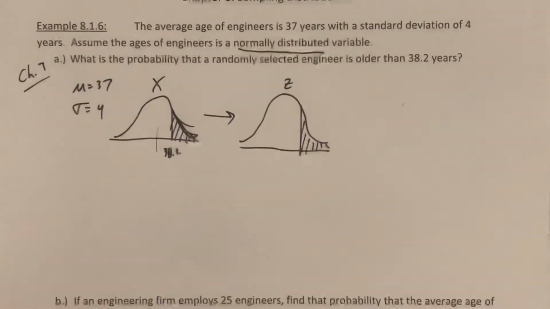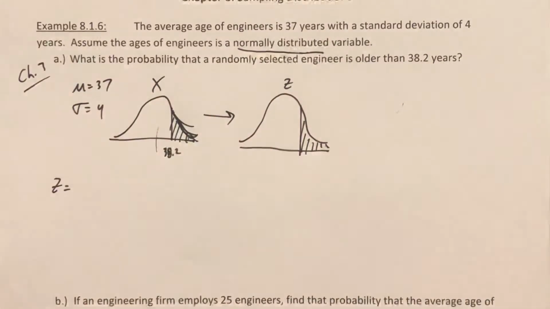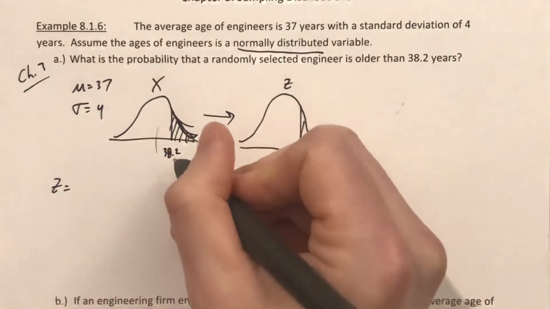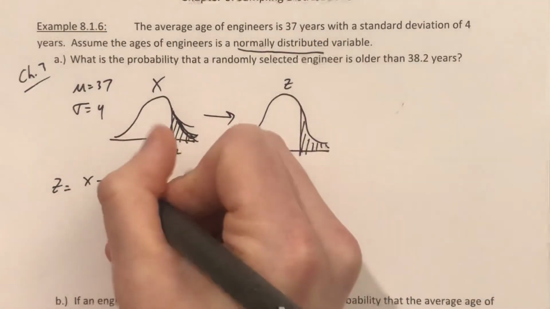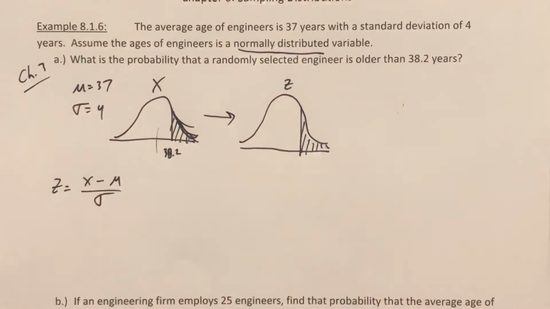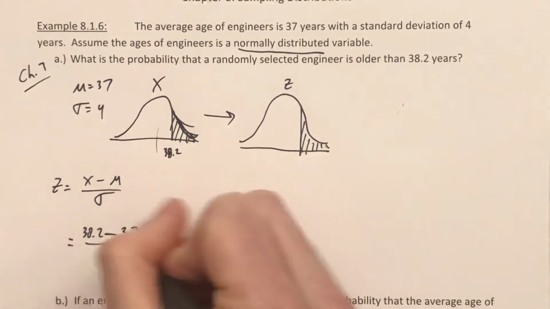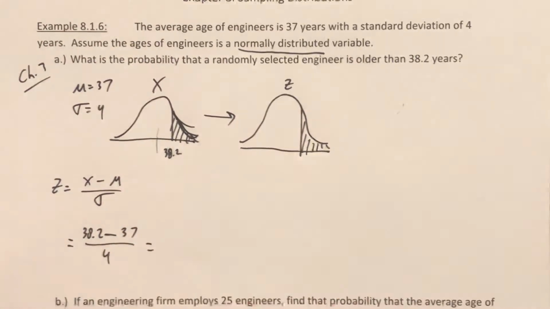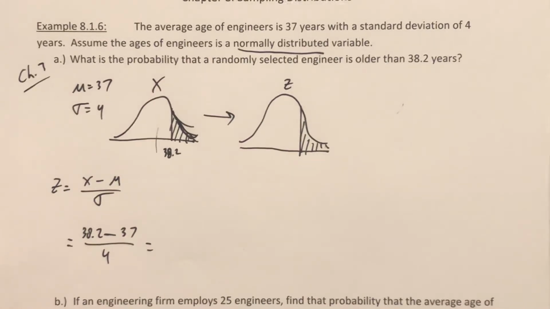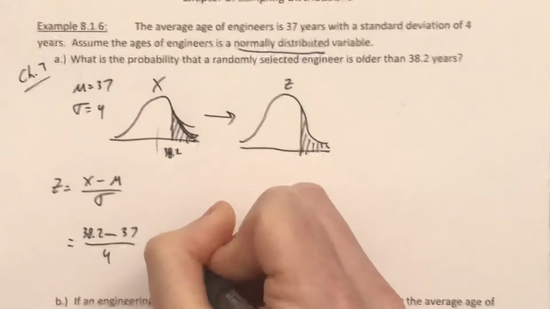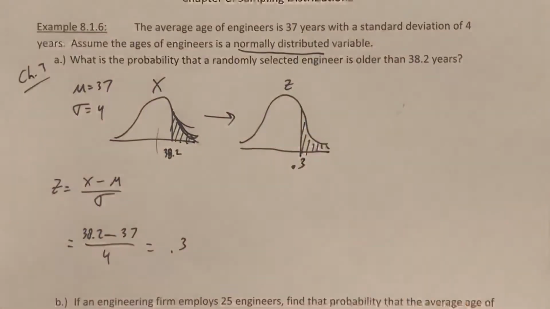So same picture. We just need the z-score of 38.2. So remember our original z-score formula is just that. So 38.2 minus 37 over 4, coming out to 0.3.